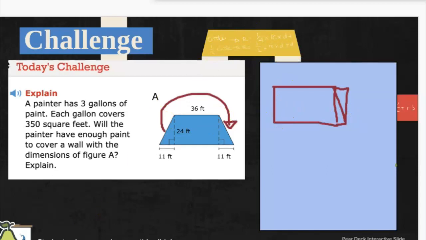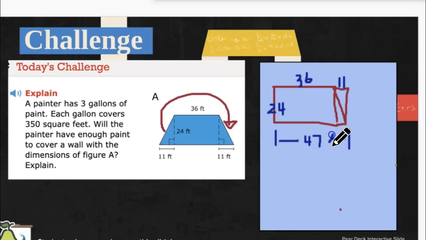So with that said, our length becomes 36 plus 11, and we also keep the height, which is 24. So now we have the new length, 36 and 11, that gives you 47. So from here to here is 47.